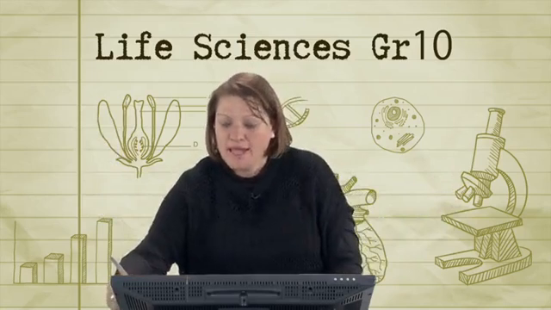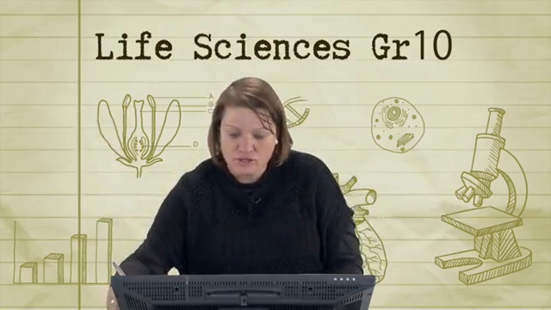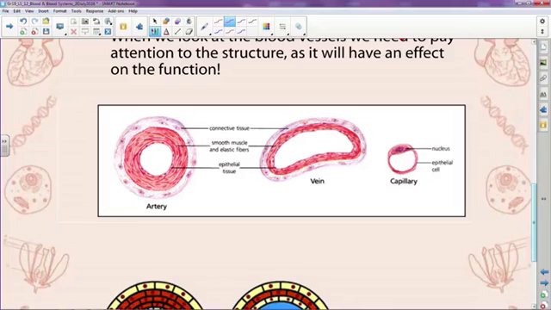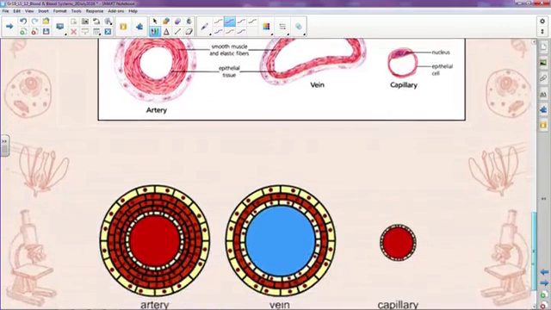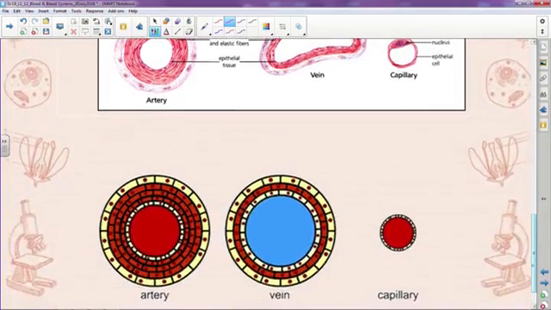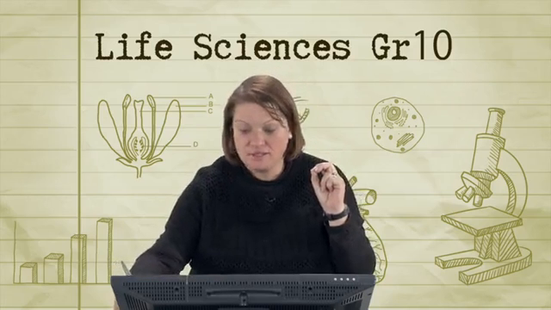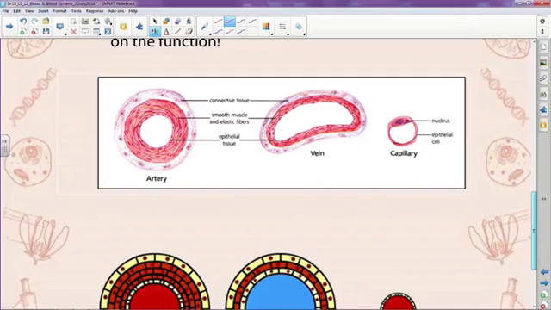Now, if you have a look at the structure below, I put two structures there. What you will see is that the artery and the vein, if I give you these diagrams, what do you notice about them? They look different, but I don't want you to actually look at the diagram. I want you to look at the coloring in.